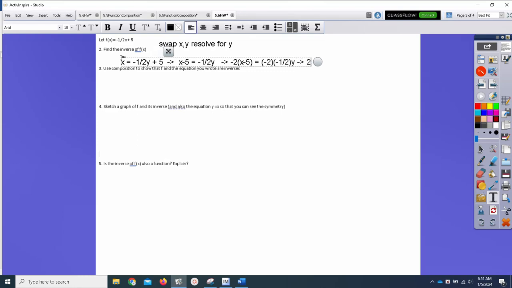That's going to give me 2x minus 10 on the left, and negative 2 times negative 1/2 is y. Finally, I'm going to use the correct notation, the inverse of f of x.